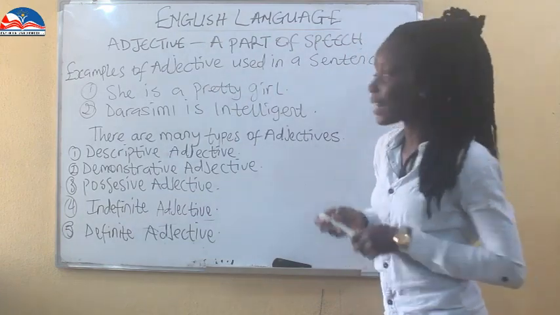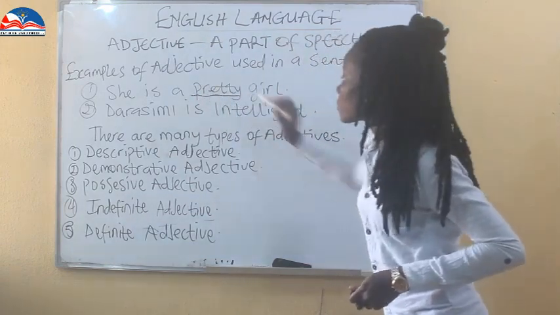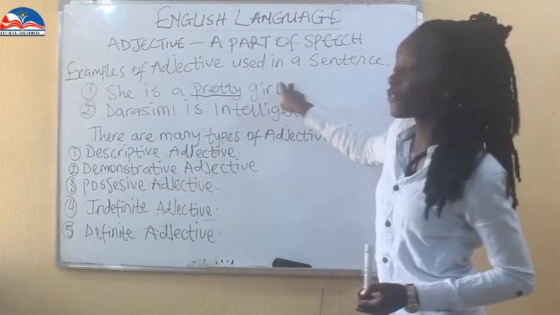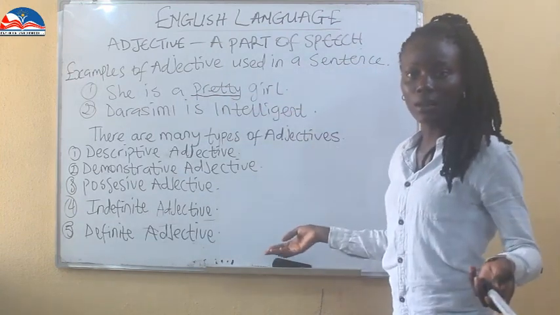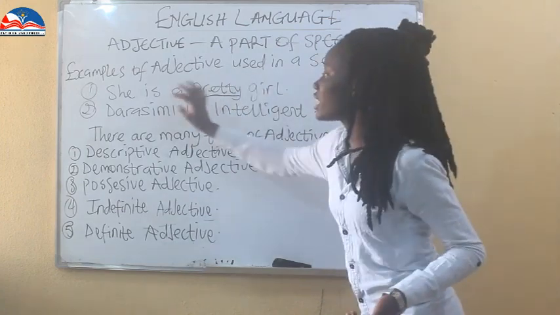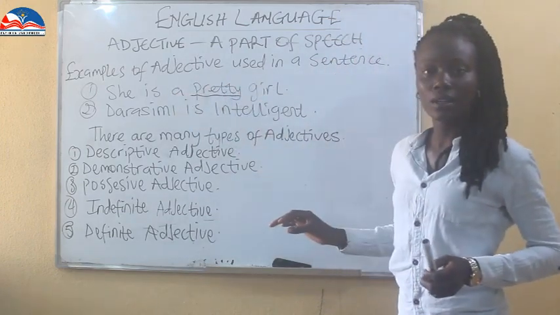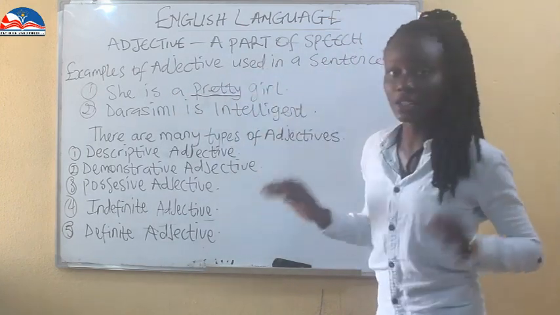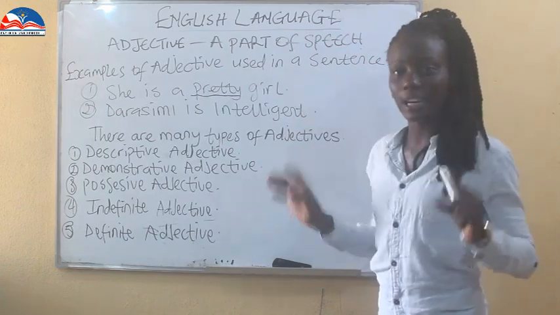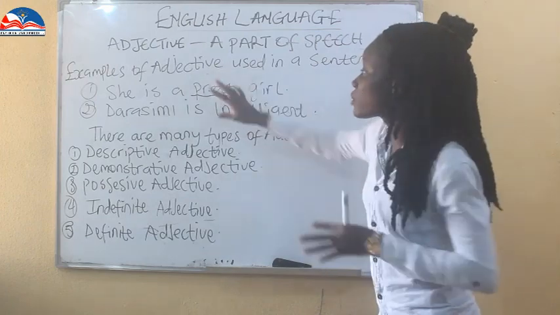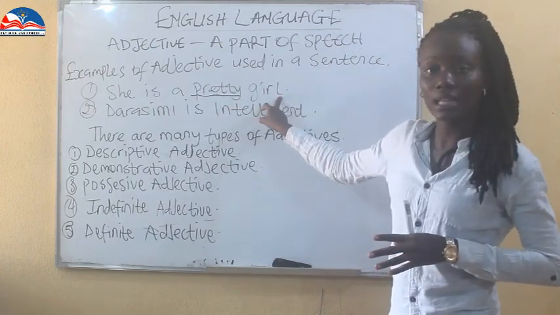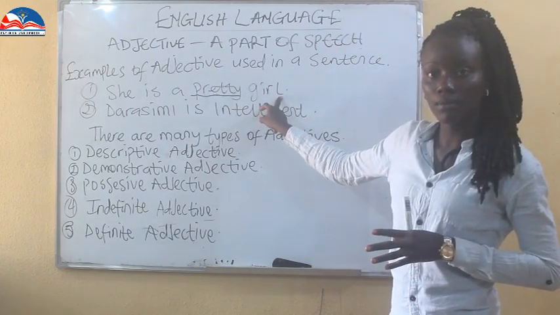The adjective, pretty, gives us more information about this noun, the girl. Which girl are they talking about? She is a pretty girl. The speaker is talking about a pretty girl. It is used to modify and it gives more meaning to this noun used, girl.